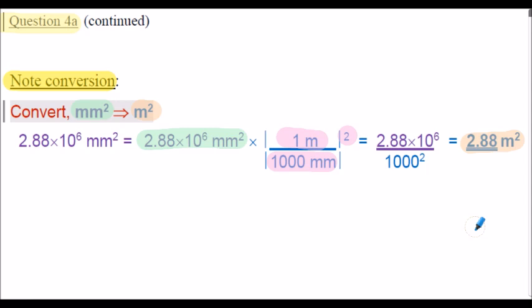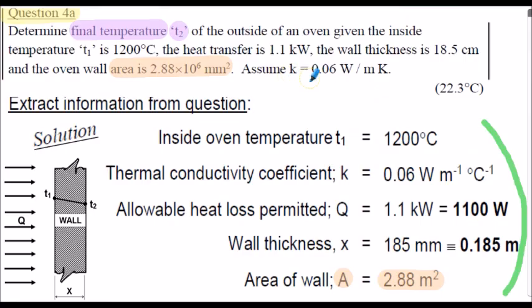For your reference, there is a separate presentation related to the use of unity brackets. Notice we're given in the question again the heat transfer, 1.1 kilowatts here, 1100 watts. So we're given Q in the question, we're given T1 and X. So now we can calculate the outside temperature, T2.